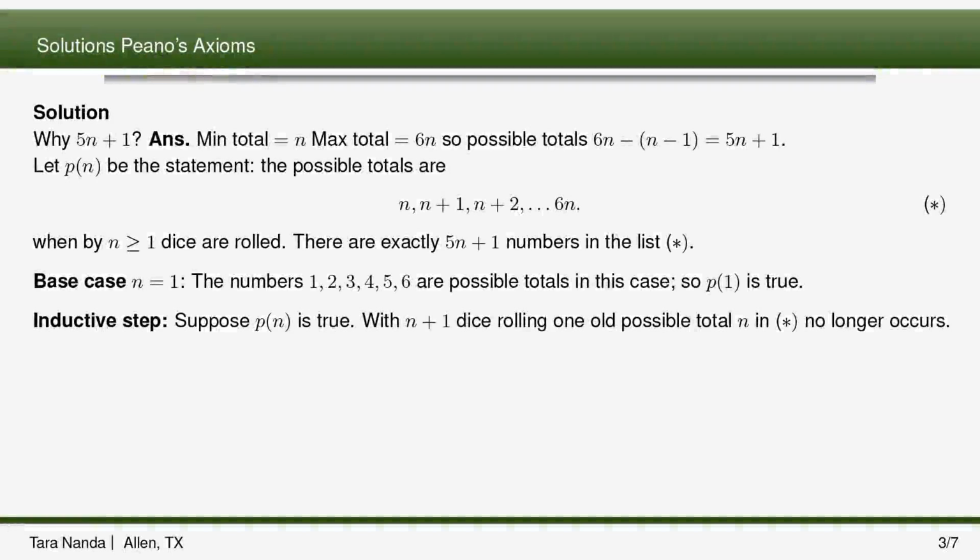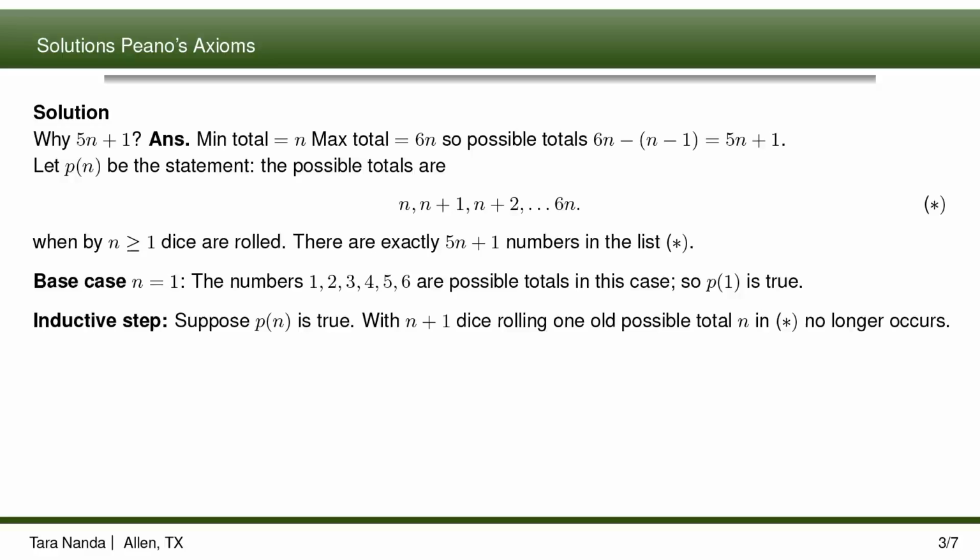Inductive step. Suppose Pn is true. With n plus 1 dice rolling, one old possible total, namely n, in the list star no longer occurs. This is because each face is at least 1.